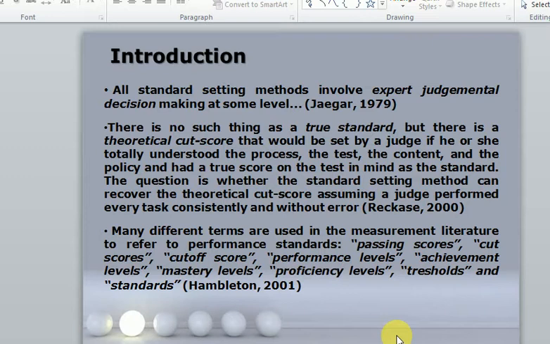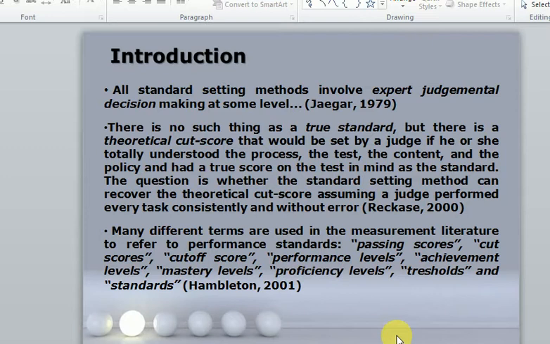Dear students, all standard setting methods involve expert judgmental decision making at some level. Jaeger, 1979, stated this definition.